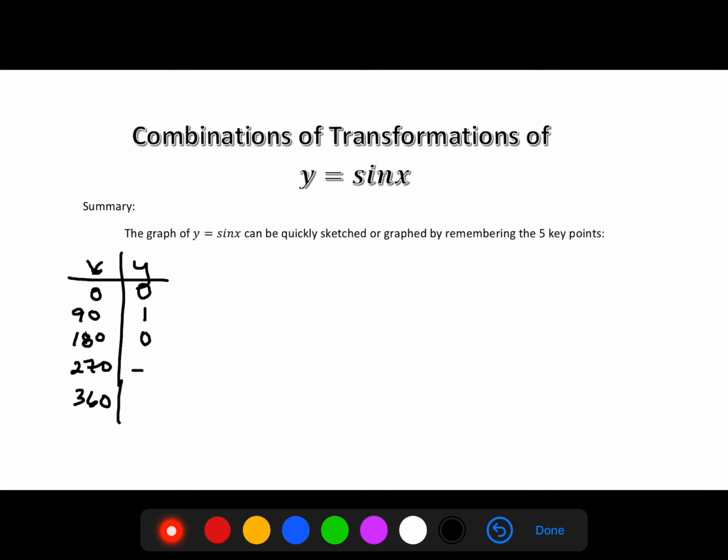So we know that y equals sine x starts at 0, goes up to 1, back to 0, down to -1, and back to 0. So we can graph that very quickly. If we want to graph just one cycle, we have y, x, and every 90 degrees, we know we can graph this very quickly and easily.